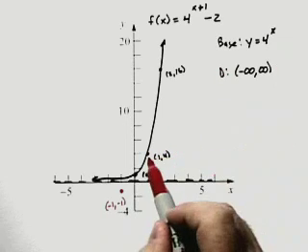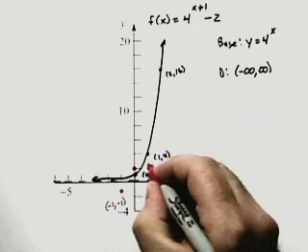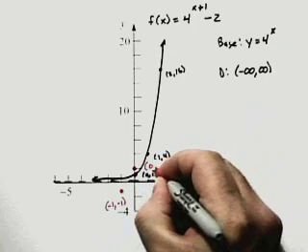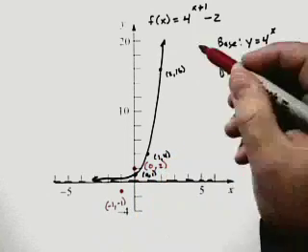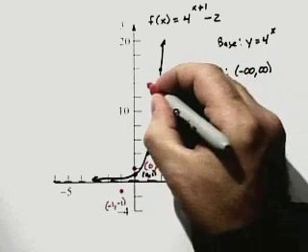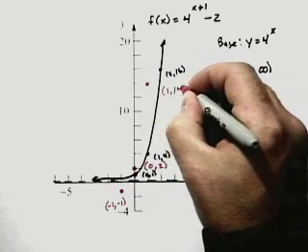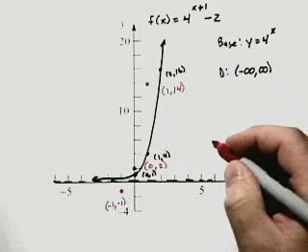Starting with the point 1, 4, we go left 1 unit, down 2 units. We get the point 0, 2. From 2, 16, we go left 1 unit, down 2 units, and get the point 1, 14.